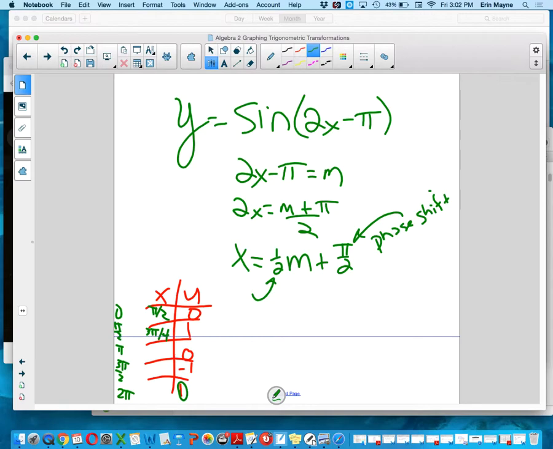Pi over 2 plus pi over 2 is 2 pi over 2. 2 pi over 2 is pi, but how many pi over 4s is that? So you could write 3 pi over 4, 4 pi over 4. What's the next one? 5 pi over 4 and 6 pi over 4. Now we haven't plotted a thing, but we have ordered pairs.